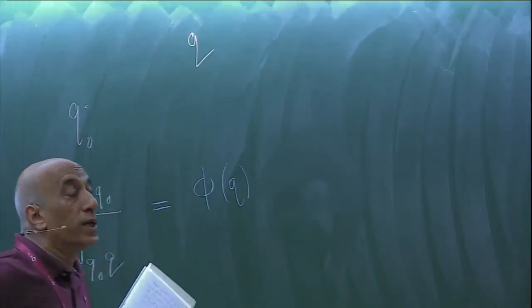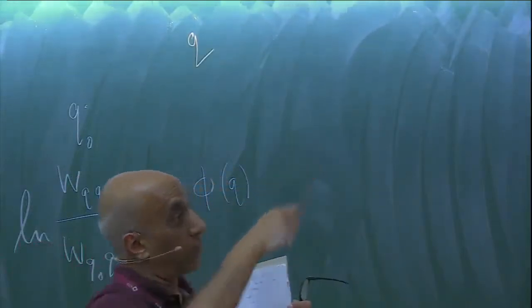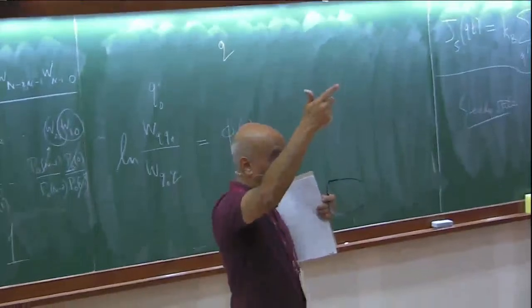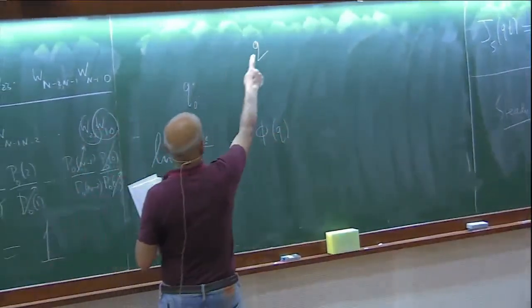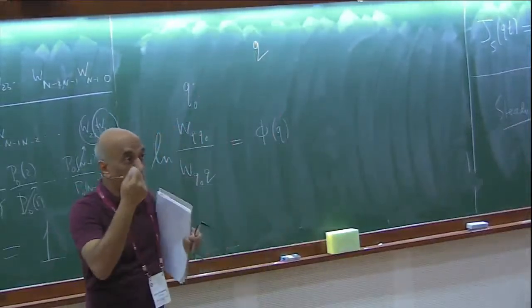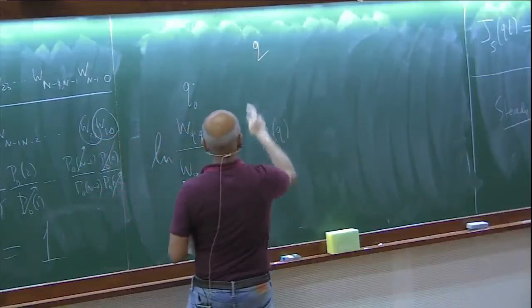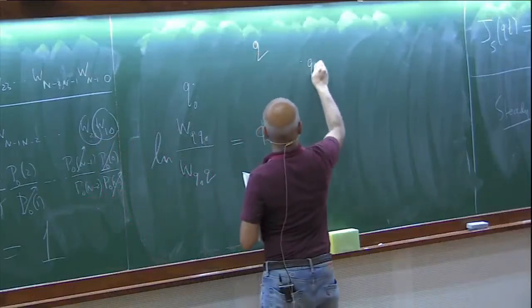And just like you do with conservative force fields, you do an integral from some reference point to the point in question and discover what the potential is. You can do that without even doing an integral. For any Q and Q prime, you're given WQQ prime. So do that for some arbitrary reference and call this phi of Q. Then you go to the next point, Q prime.